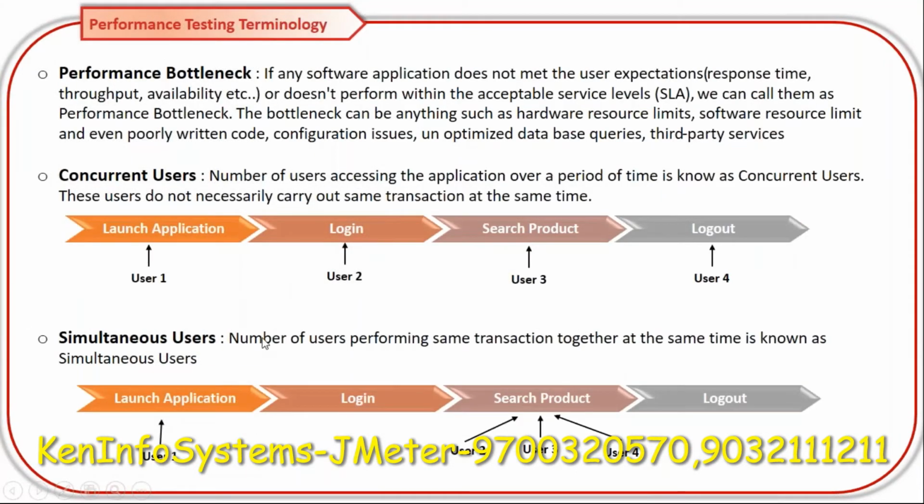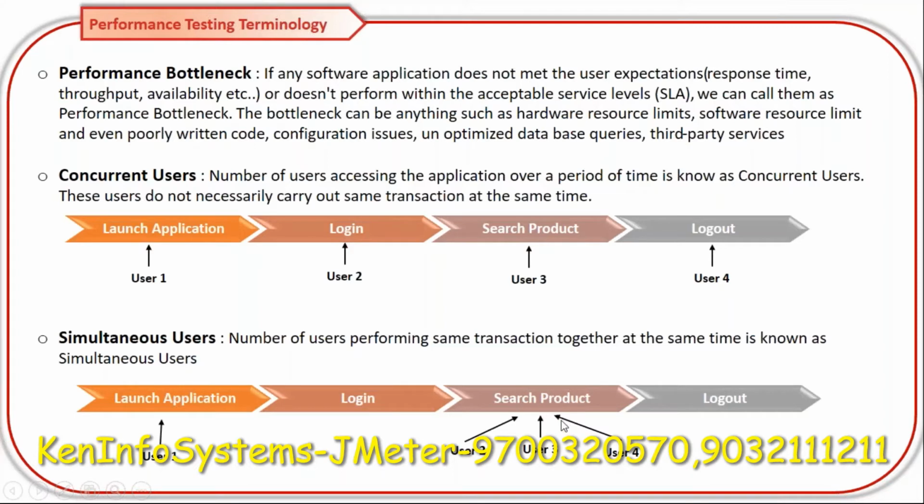Simultaneous users are the number of users performing the same transaction together at the same time. See, in this picture, user 1 is performing a launch application, and user 2 is doing search product. User 3 is also doing search product.